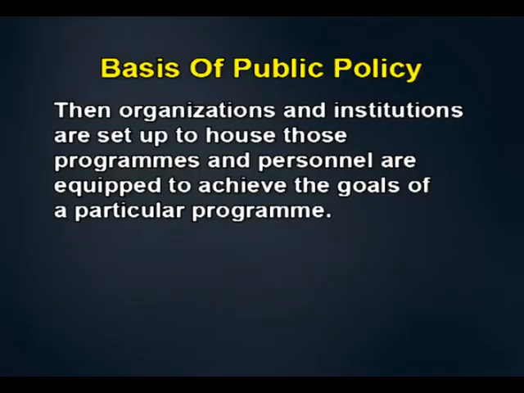Then organizations and institutions are set up to house those programs, and personnel are equipped to achieve the goals of a particular program. This will be in cohesion with other programs and their organizations under the same policy, which will help to achieve the goals of a policy, and that will help to achieve the overall goal of the government.